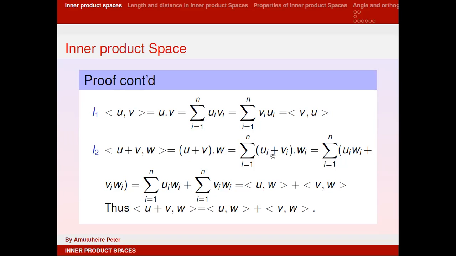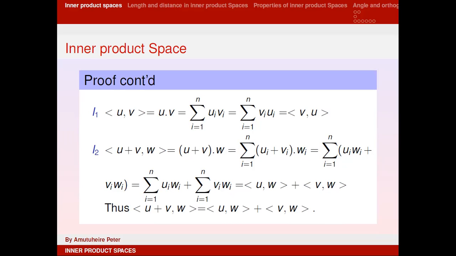So we have ui wi plus vi wi. Taking the sum is a linear operator, so it is the same as taking the sum on each term. So we sum here and we sum here. Thus, we get I2 also holding.